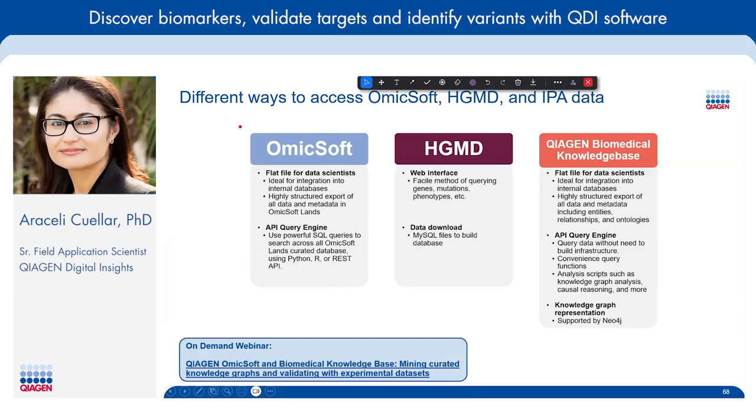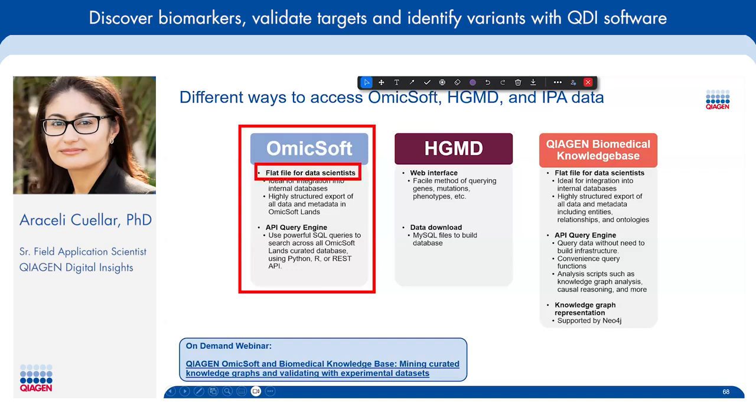So for Omicsoft, you can download the flat files that you can then integrate into your internal databases or into your current pipelines. And there's also an API query engine for those of you who want to do specific queries using Python, R, or REST API.